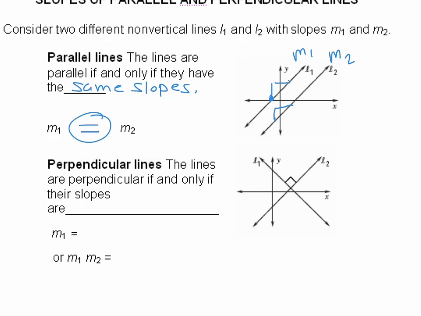Perpendicular lines, however, oh my gosh. If I look at line 2 right now, so this is where my eyeballs are, that slope is increasing, right? It's going up, it's rising. So that slope definitely has to be positive. This other slope over here, line 1, it's decreasing.